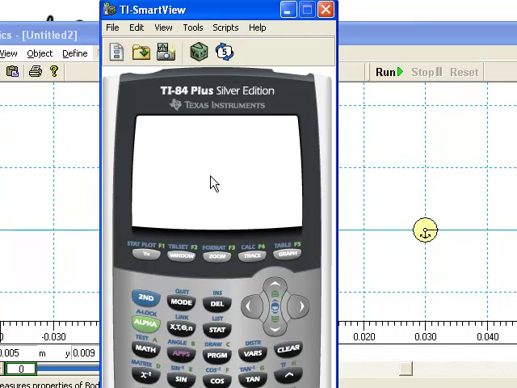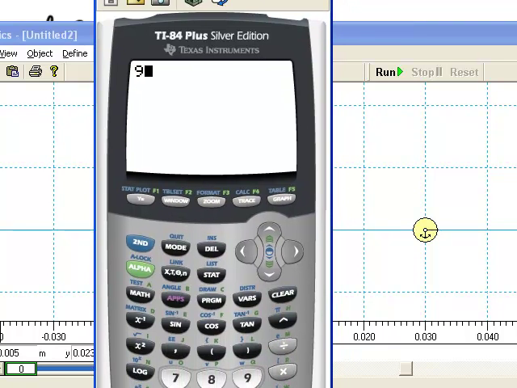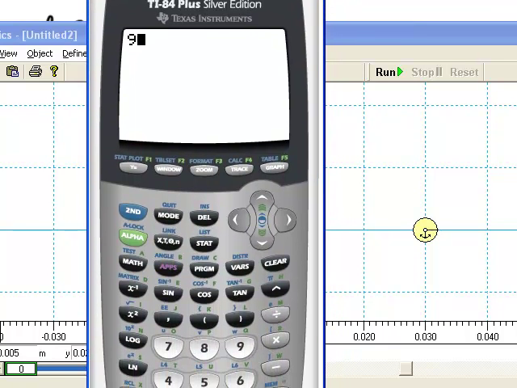Okay, here is the calculation, and it will be K times Q1 times Q2 divided by D squared, so 9 times, and I have to be able to reach my keypad here. Hold on just a moment. Okay, that's better for me. I can also move this up a little bit more. There we go.